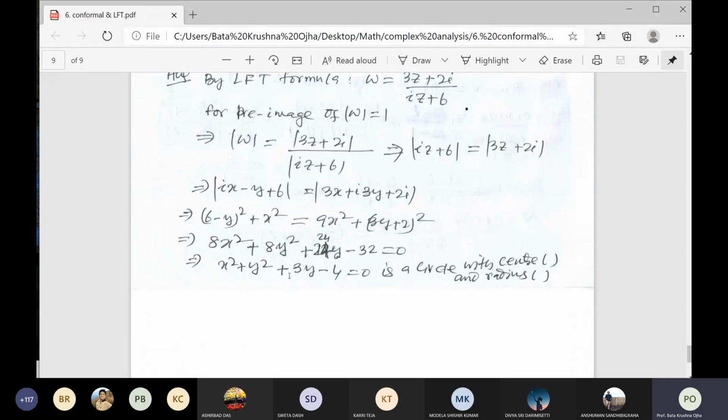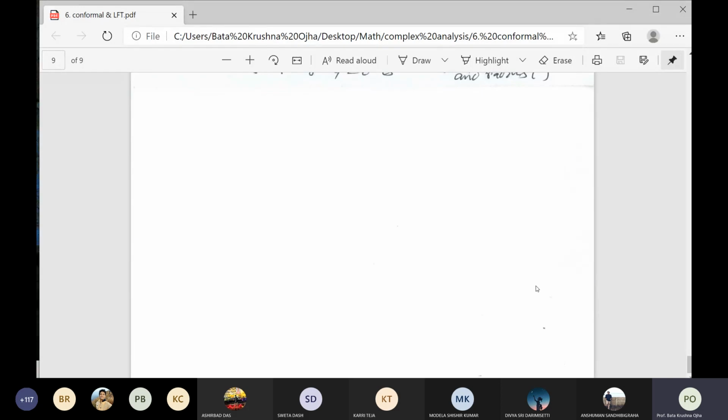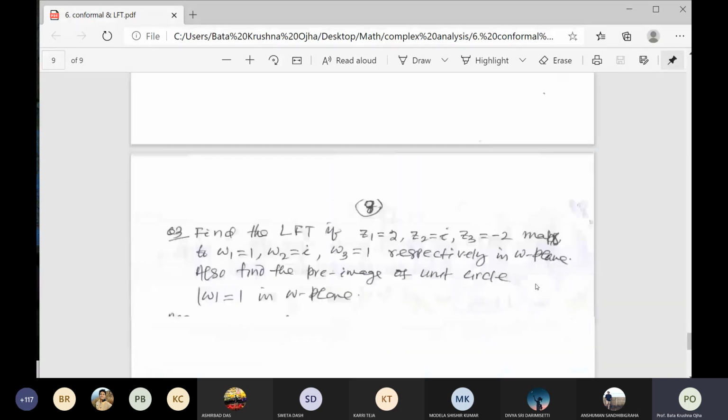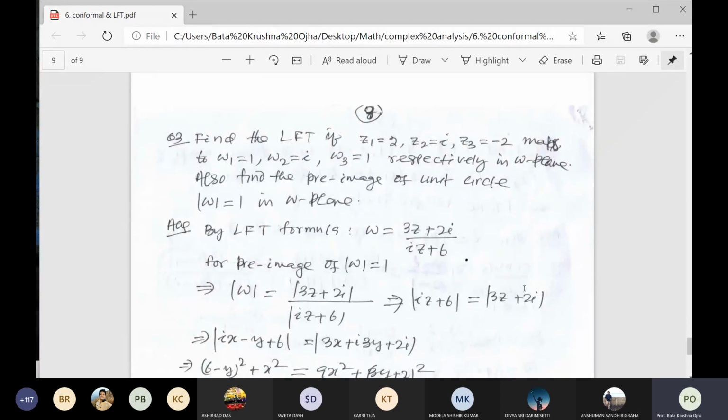We will find X square plus Y square plus 3Y minus 4 equal to 0. It is nothing but a circle, because the coefficient of X square plus Y square is 1. Center and radius you have to calculate. Suppose these questions, third question: find the image of mod Z equal to 1.